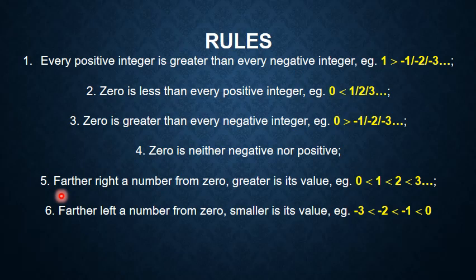Rule 5: the farther right a number is from 0, the greater is its value. So 3 has more value than 2, 2 more than 1, and 1 more than 0. Rule 6 says the farther left a number is from 0, the smaller is its value. So if we move left of 0, we get negative numbers, and as we move further, 1, 2, 3, 4, 5, 6, 7 till infinity in the negative numbers, the last number on the left will be smaller than the number on its right.